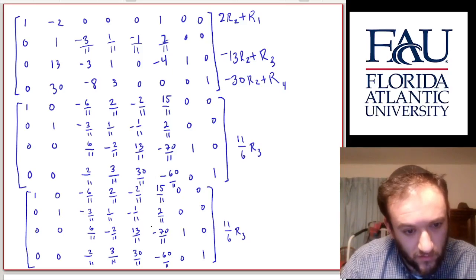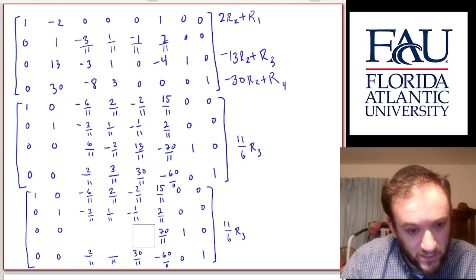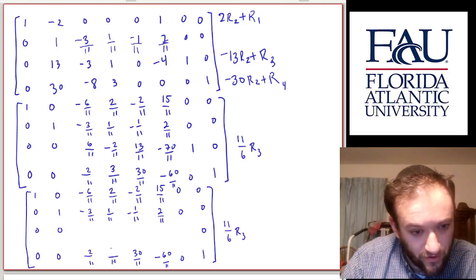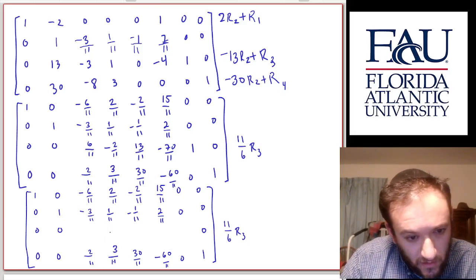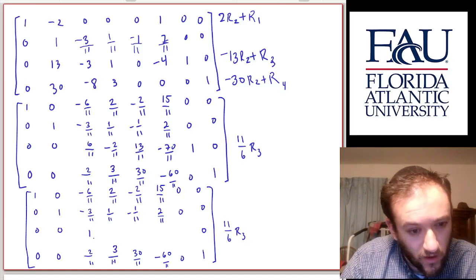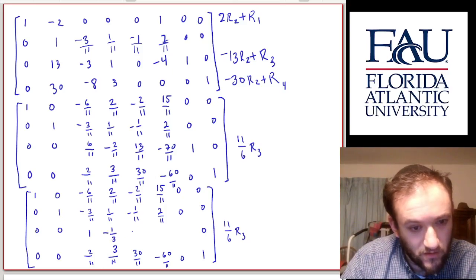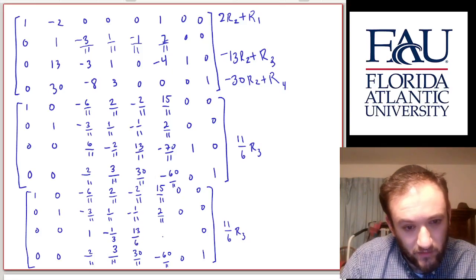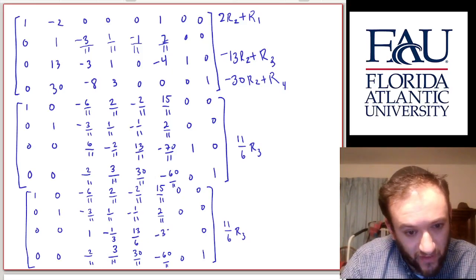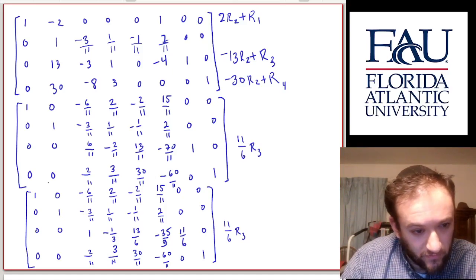And the only thing that changes in this one is the third row. So we get 1 in this entry, and then minus 2 over 11 times 11 over 6 is minus 1/3. And 13 over 11 times 11 over 6 is 13 over 6. And minus 70 over 11 times 11 over 6 is minus 70 over 6, or minus 35 over 3. And in place of the 1, we get 11 over 6. Okay.